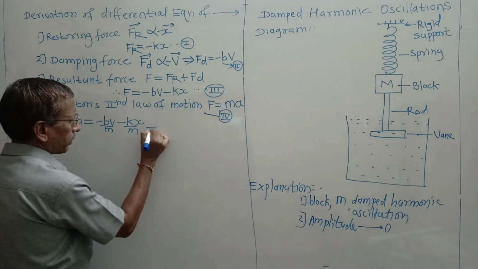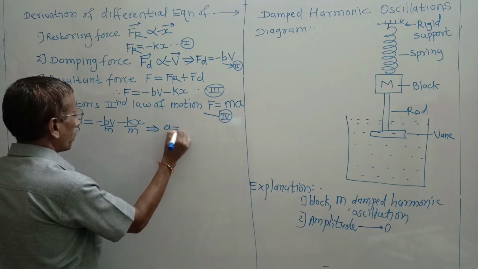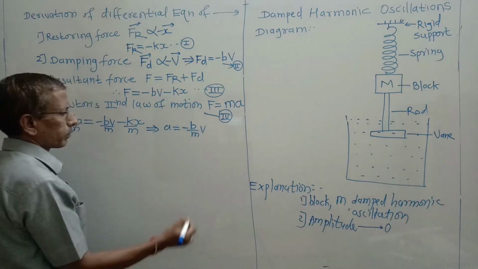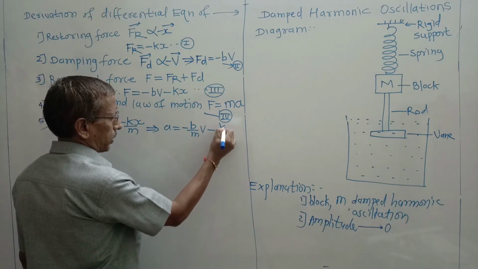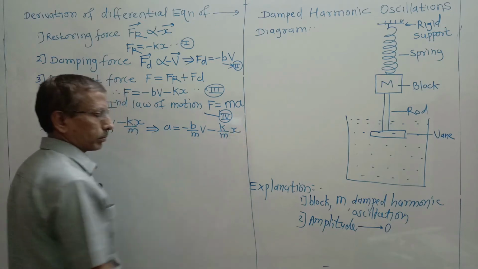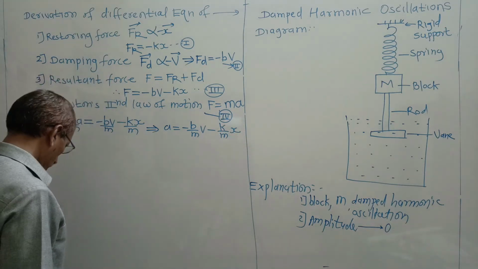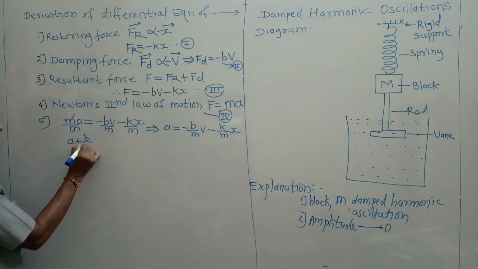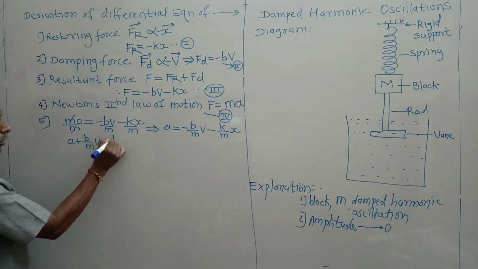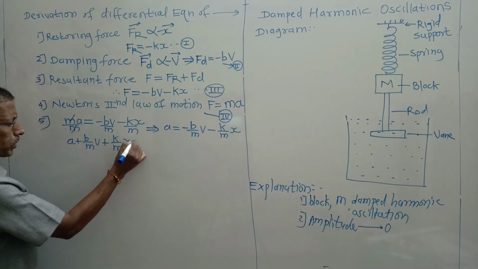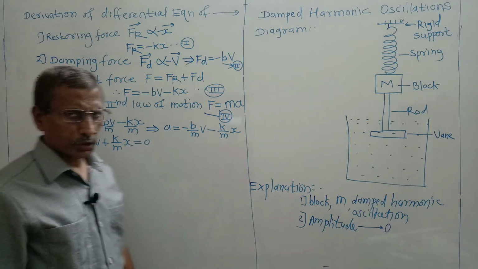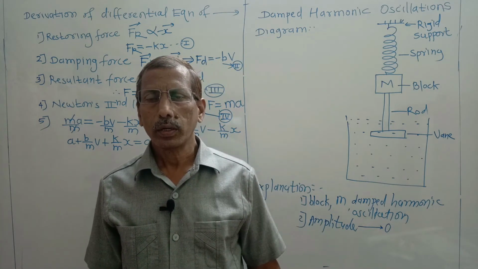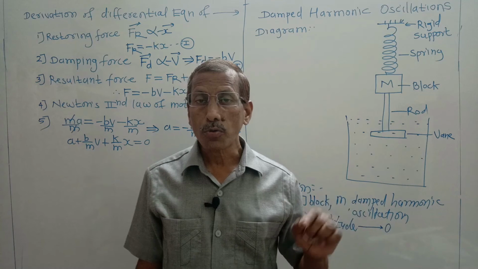So we get a is equal to minus b by m v minus k by m x, and therefore we get a plus b by m v plus k by m x is equal to 0. This represents the differential equation of damped harmonic oscillations.